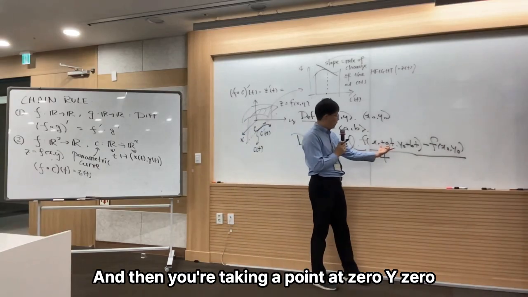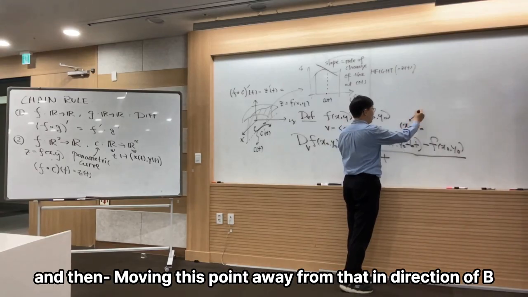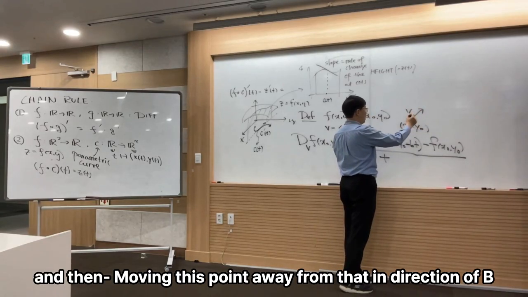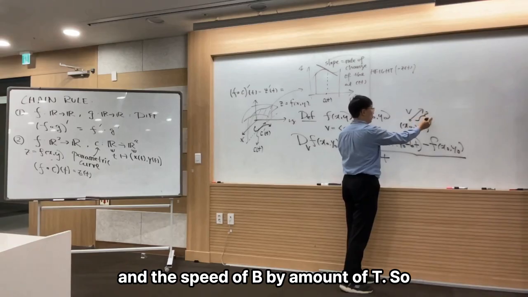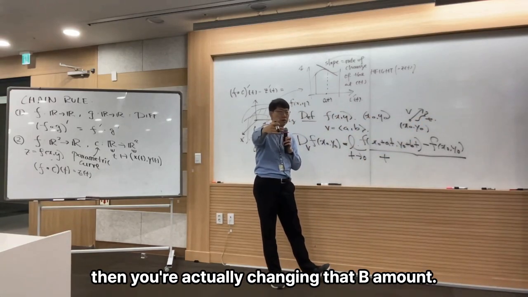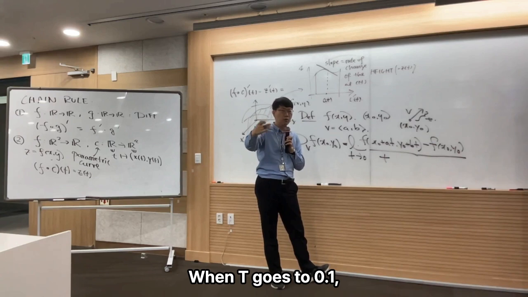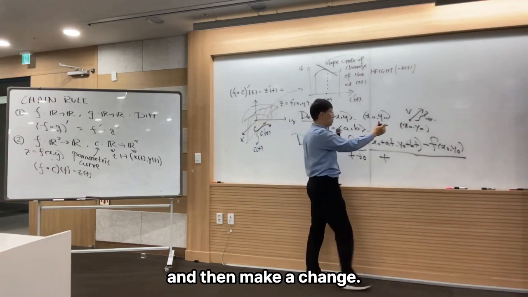You take the point (x0, y0) and move this point away in the direction and speed of v by an amount of t. If t equals 1, then you're changing by that full v amount. When t equals 0.1, you just take one tenth of this vector v and make a change.